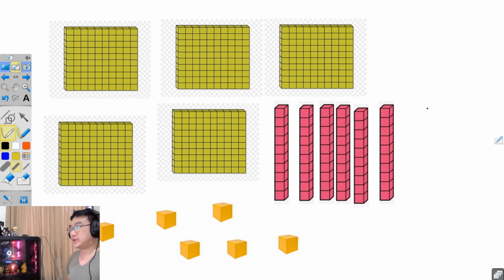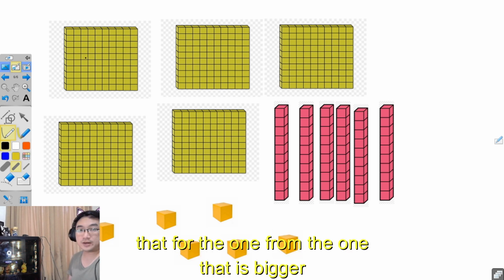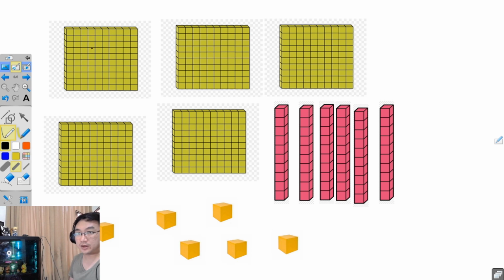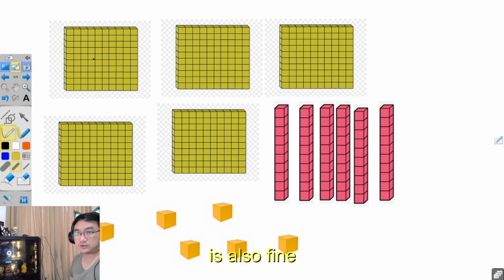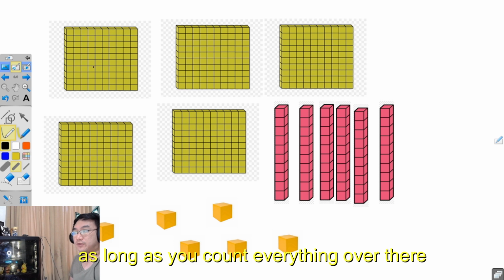Of course, when you are counting this, it is very easy to count it from the one that is bigger, the big one first. Or actually, it doesn't really matter. You can count it one by one, start from the bigger or from the smaller. It's also fine, as long as you count everything over there.